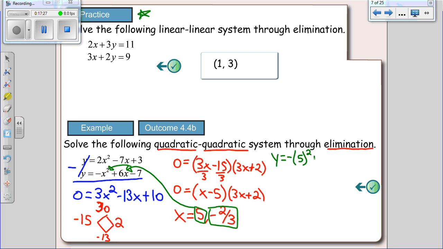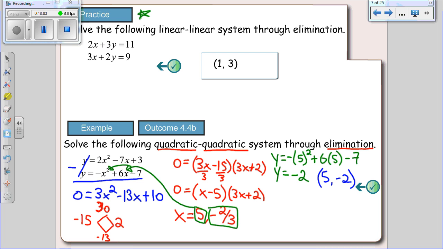That's going to tell me y equals, if I punch that in my calculator, so I've got negative 5 squared plus 6 times 5 minus 7. I'm going to get that y equals negative 2. Now, that y equals negative 2, it happened when I substituted x equals 5. So that means this is only one answer. It's 1 point. It's 5, comma, negative 2. That x equals 5 was attached to that y equals negative 2.